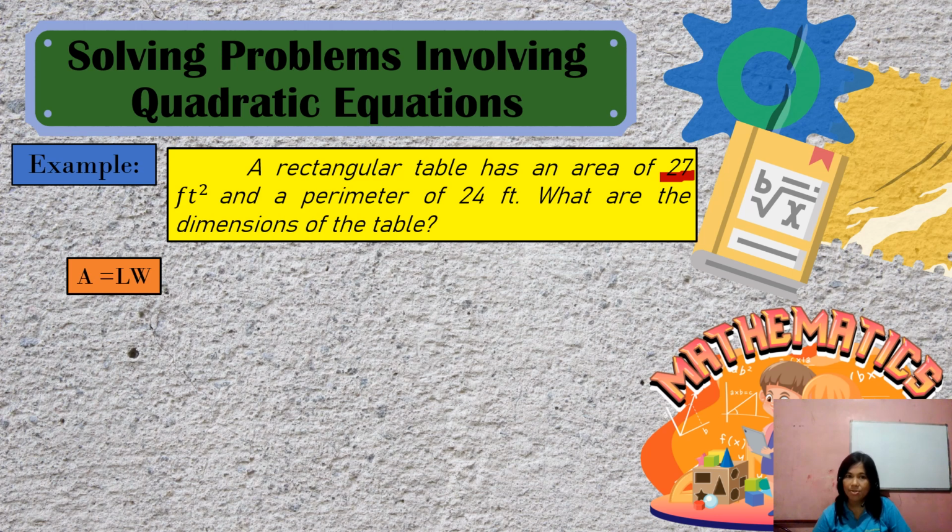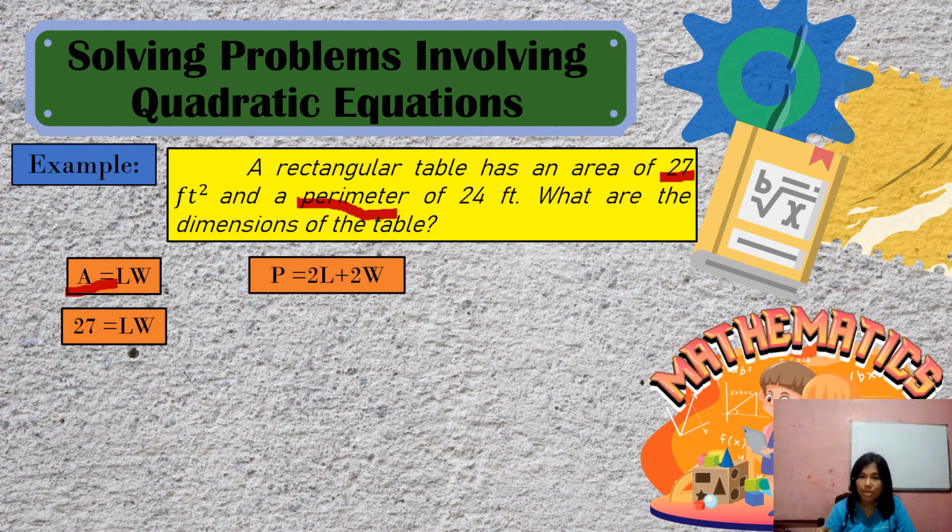So, palitan mo yung area mo dyan ng 27. Okay? Tapos, meron pa siyang perimeter na sinabi. So, kailangan mo na ulit si perimeter formula na 2L plus 2W. Then, ganun din. Palitan mo si P ng 24.